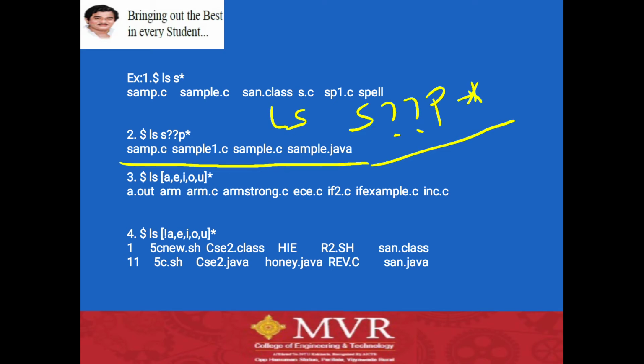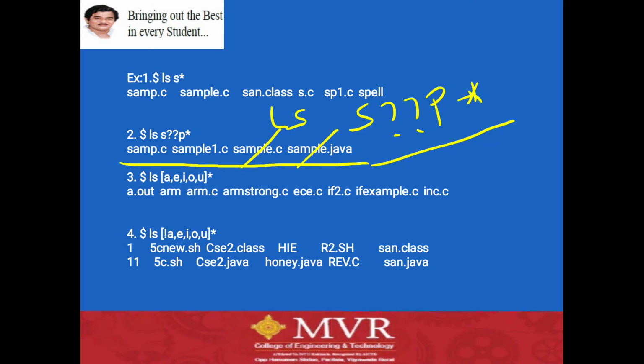So if you observe the output here, it displayed these files, that is samp.c, because the first letter is s and the fourth letter is p. In between there are two characters only, a and m. After that p it may be anything, so .c is there, therefore it displayed. Here also sample, first letter is s, fourth letter is p. After p there is something, but we won't bother about this. Then again sample.java.